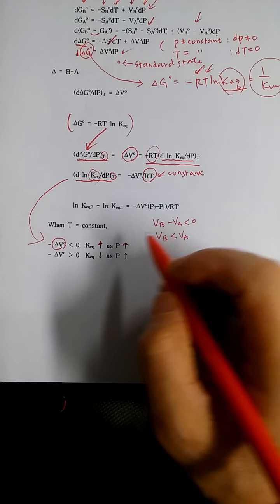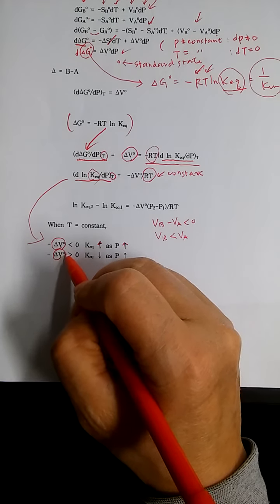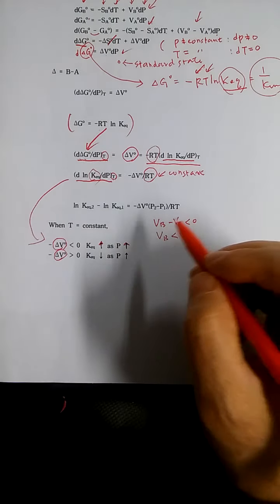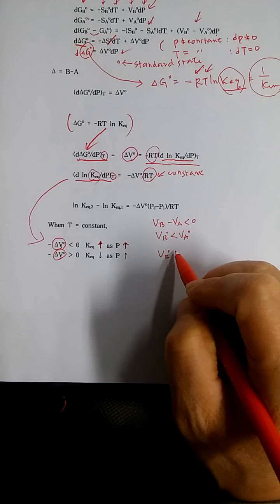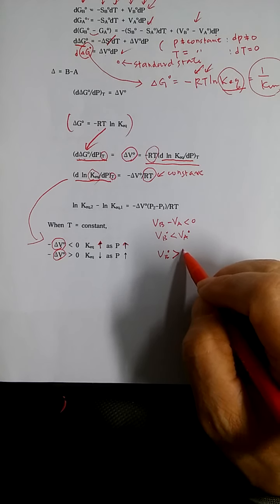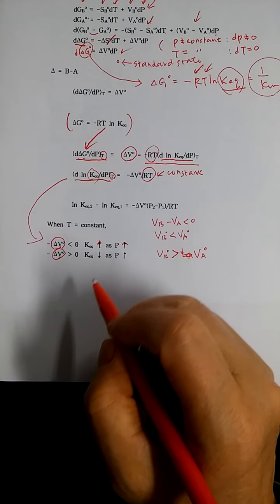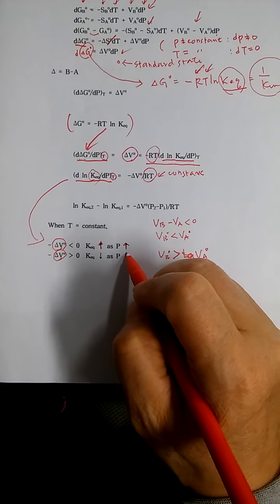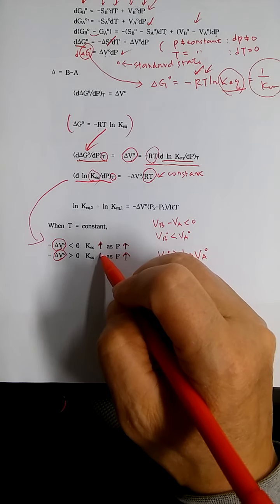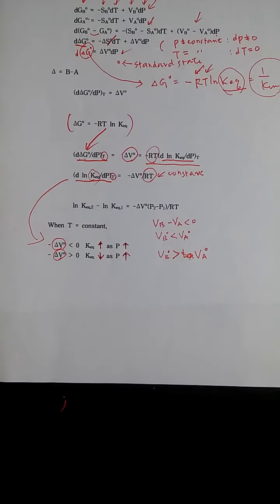And if we have positive delta V0, so that VB0 is larger than VA0, then as we increase pressure P, the equilibrium constant value decreases.